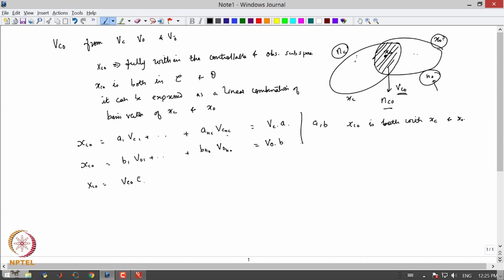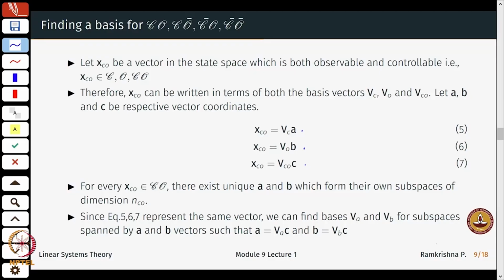Now, given these two vectors, how can I find a basis for VCO, for this intersection space here? So, for every xc naught in the controllable and observable subspace, there will exist a unique a and b which form their own subspaces of dimension nco.